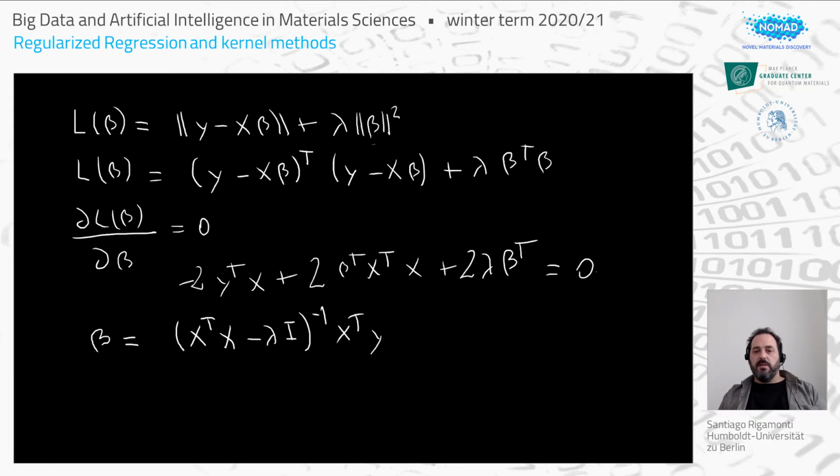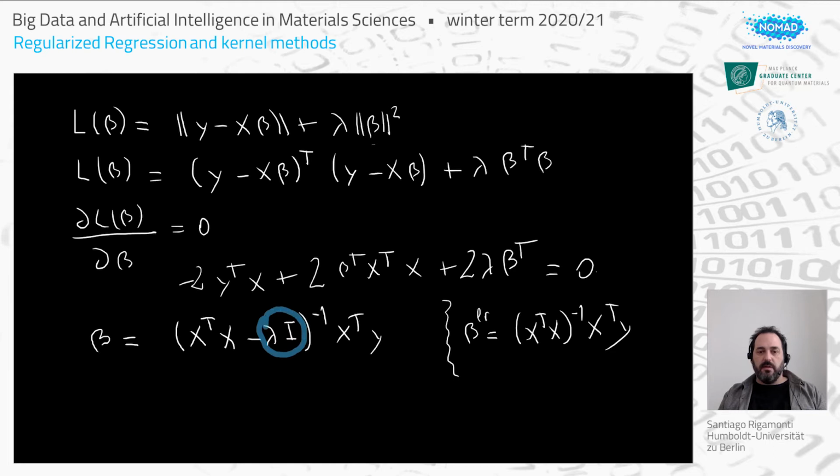You see that this is quite similar to what we had before. For linear regression, the solution was x transpose x inverse times x transpose y. So the main difference now is in this term here.